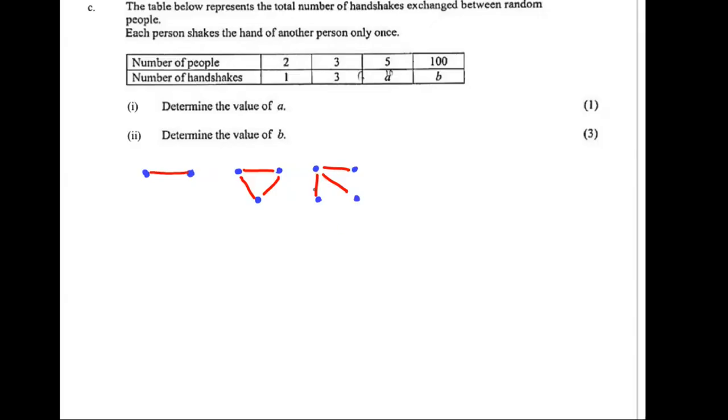This person has shaken hands there and there and there. Let's move to the bottom left person. This person has already shaken hands with the person above them, but they can shake hands over here and they can shake hands over there. Now we look at the person at the bottom right.